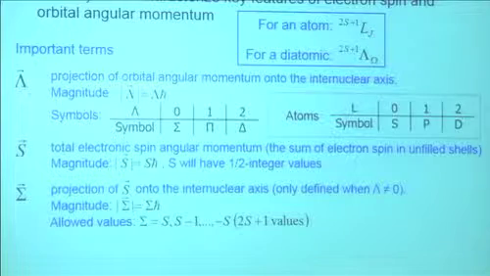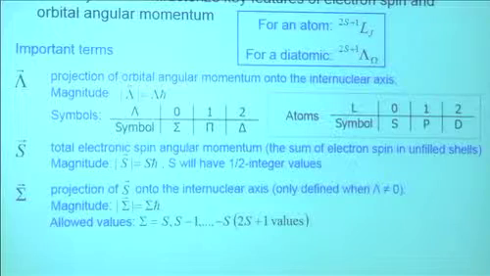And it turns out that this is only defined when lambda is not 0. So it's the same thing, multiples of h bar. And it has allowed values. And so it will have as allowed values S, S minus 1, down to minus S, 2S plus 1 values. So if S is 1/2, 2S plus 1 is 2, there's 2 allowed values of sigma. Basically plus and minus, forward and backwards along the axis.